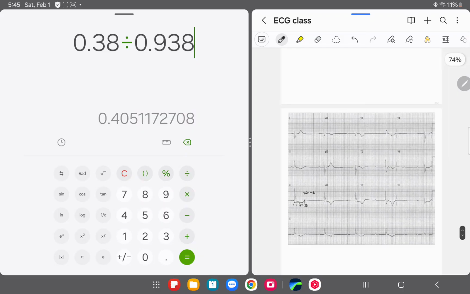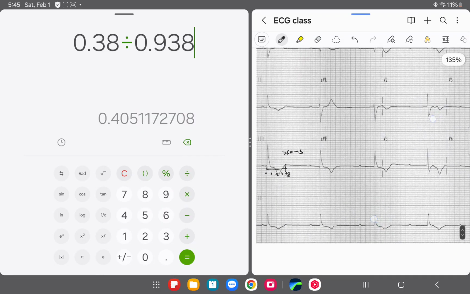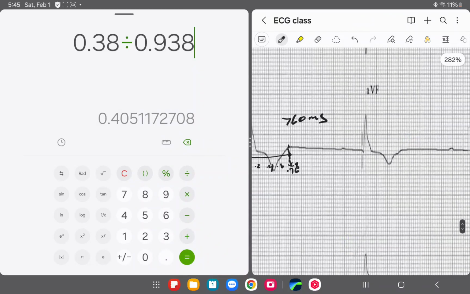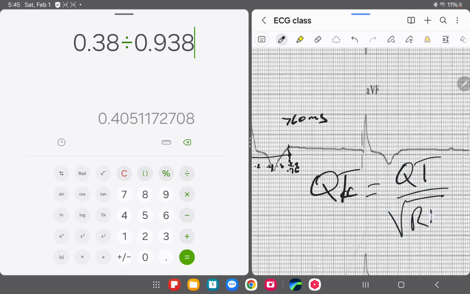But remember, just looking at this, the rhythm is pretty bradycardic. So let's do the corrected QT, and we'll see if it's really prolonged or it's just a reflection of the bradycardia. The corrected QT is equal to the QT over the square root of the RR.